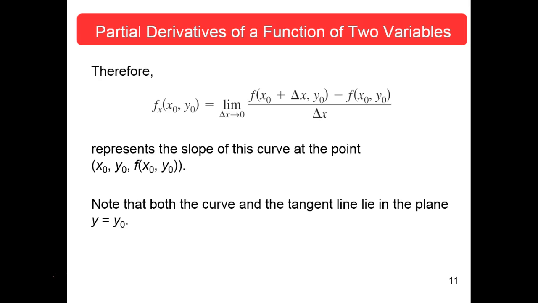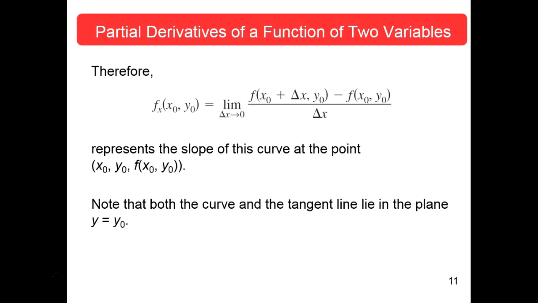Therefore, f sub x, the partial of f with respect to x at the point x0, y0, is the limit as delta x approaches 0 of f of x0 plus delta x, y0, minus f of x0, y0, all divided by delta x. So the y's are held constant at y0. The x's are allowed to change from x0 to x0 plus delta x, taking the limit as delta x approaches 0.